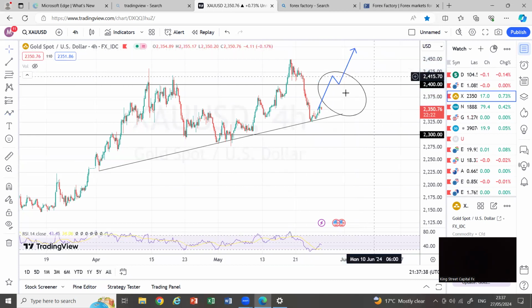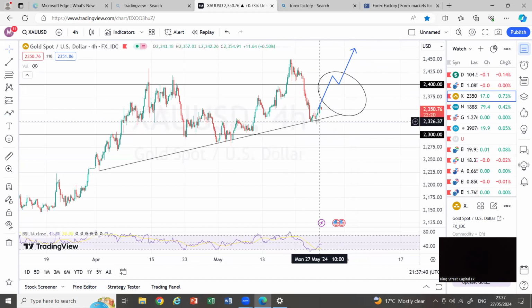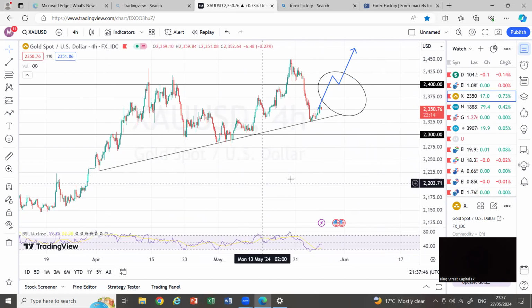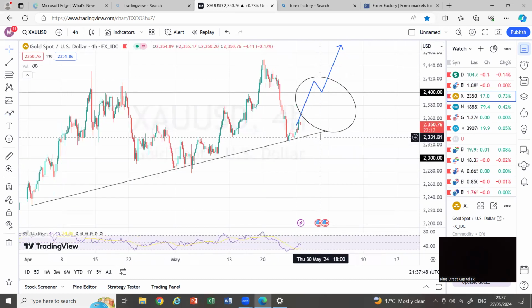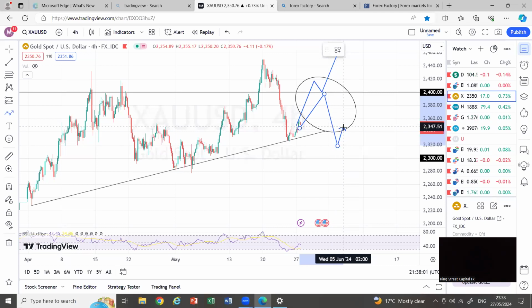So this is the bullish scenario which price seems to be going towards. If we do see a rejection moving up, we can see this trend line being broken, retest, continuation to the downside.